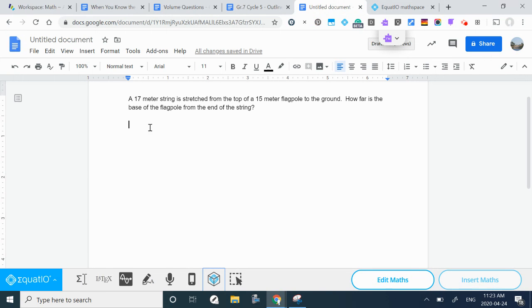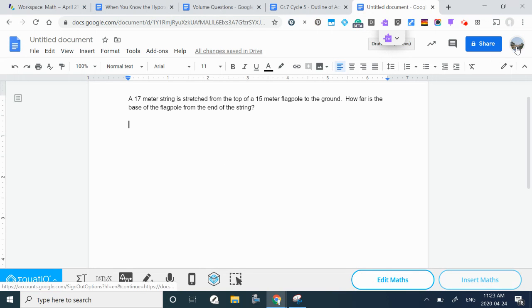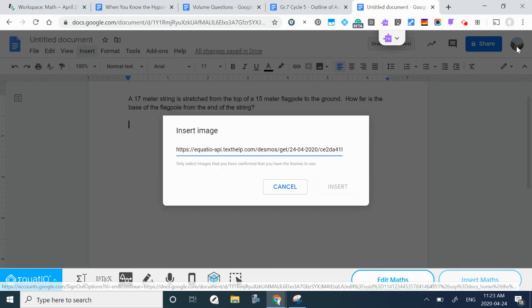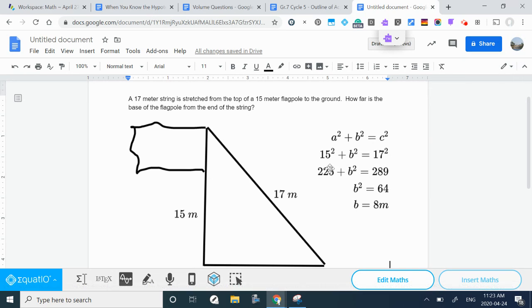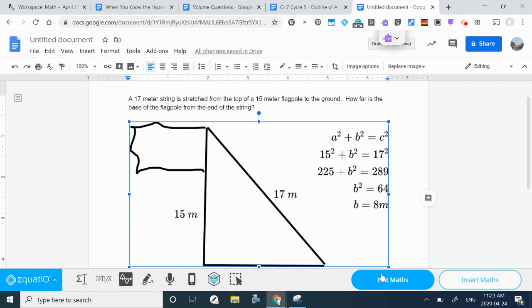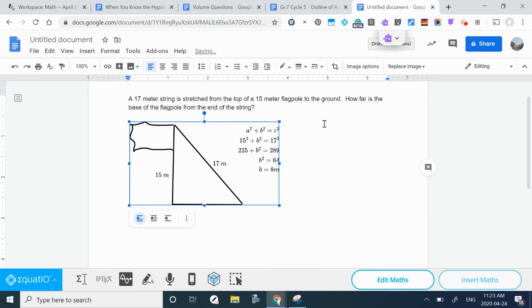Now, to get this back into our document, you go up to this button, which is Insert. So I'm going to click on Insert, and there is our solution. It's a little big, so we can just click on it and make it smaller.